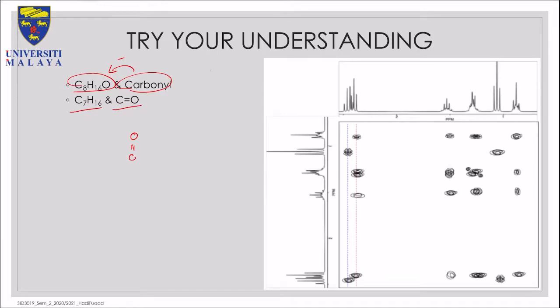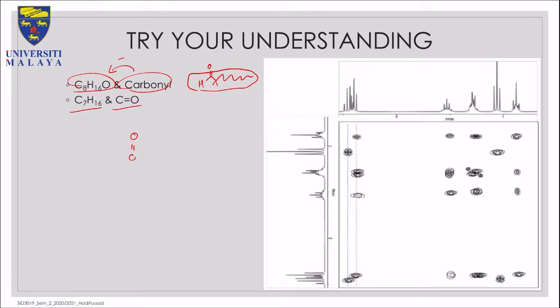What it means is that if you have a carbonyl group in the middle, of course the spin system will not be connected. So if you have an aldehyde, for example, and then you have your aliphatic chains like that, what we will see is an interconnected spin system for all the protons.